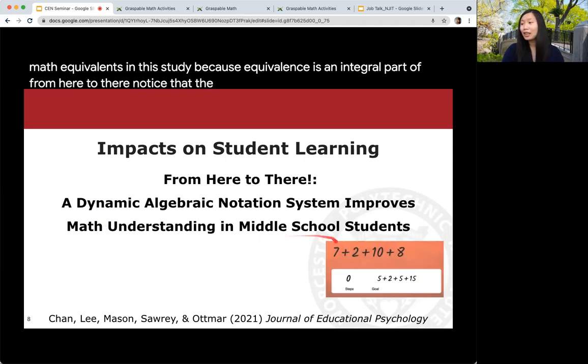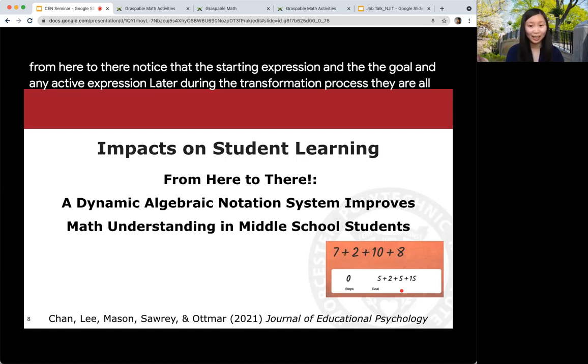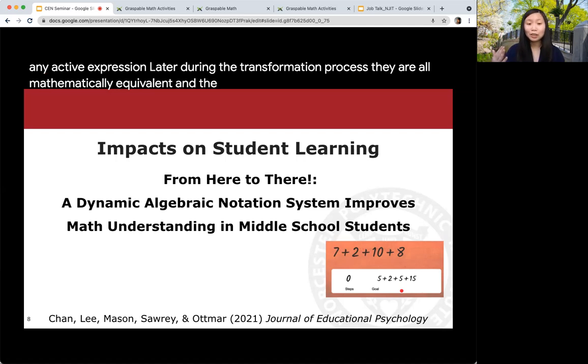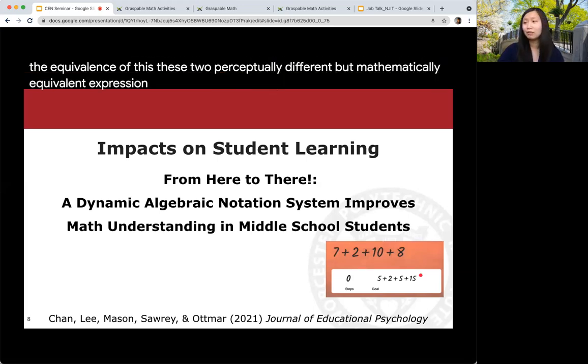Notice that the starting expression, the goal, and any active expression that you make and manipulate during the transformation process are all mathematically equivalent. The transformation process demonstrates the equivalence of these two perceptually different but mathematically equivalent expressions.